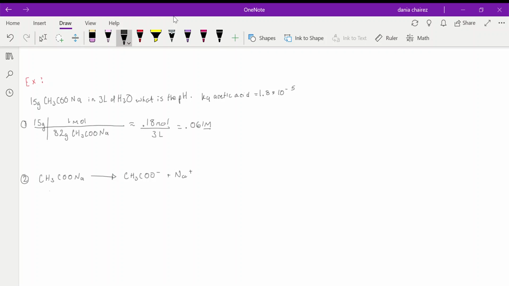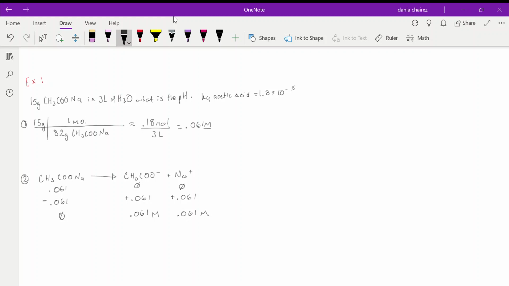Where we initially have our 0.061, 0, and 0, minus 0.061, plus 0.061, so that this ends up in 0, and then both of these are 0.061 molar.